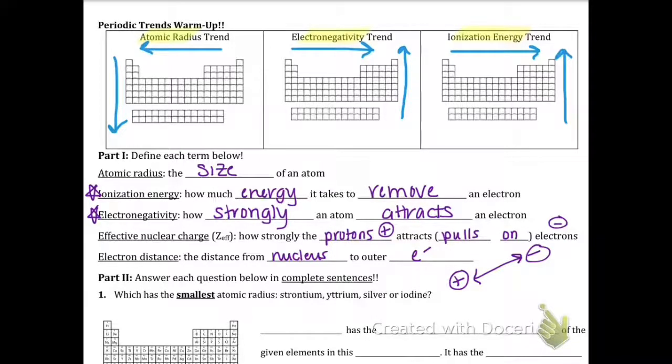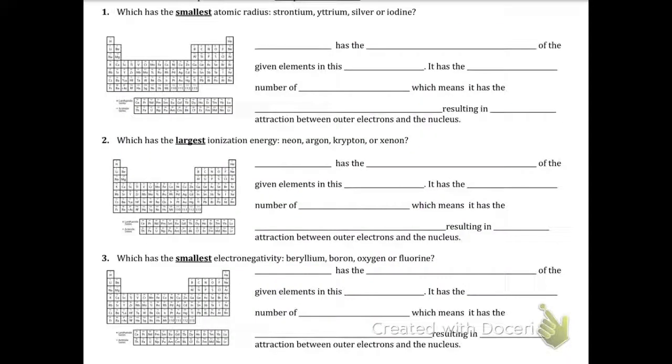Okay, so now let's talk about 3 examples that you could see. It's very similar to your quiz. All right, I'm going to go quicker than I did before because you should have a lot of practice already. So here we go. Which has the smallest atomic radius? Strontium, deuterium, silver, or iodine?